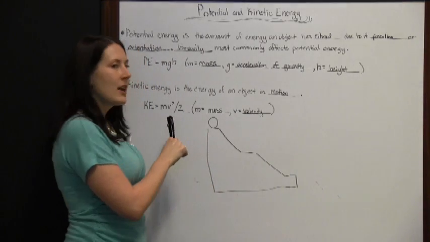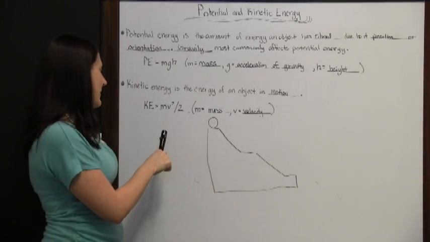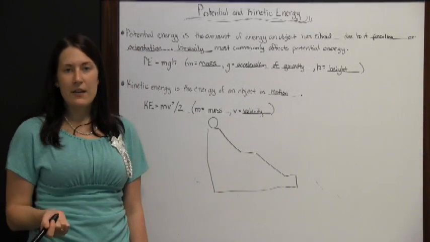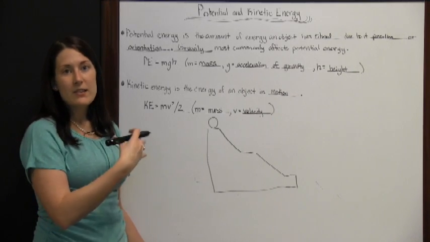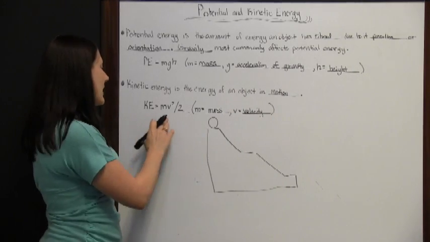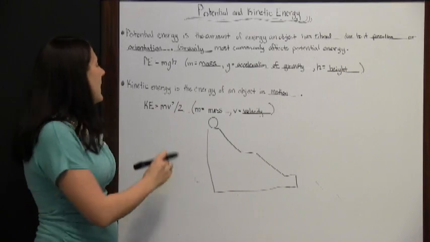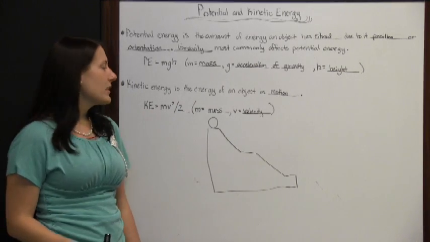So mass times the velocity squared divided by 2 will give you the kinetic energy of an object. This one doesn't have as much to do with gravity, because once it's in motion, the kinetic energy has more to do with the velocity and the mass of the object.